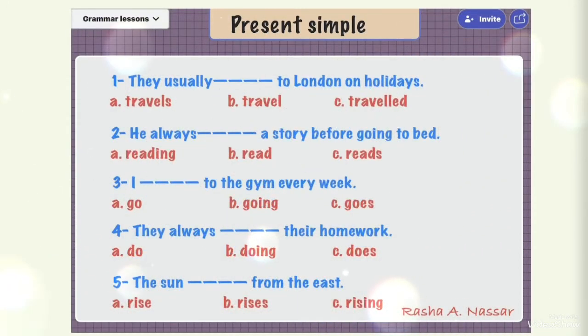And now, my dear students, let's test ourselves together. We will choose the correct verb. Let's read and see the key word and see the subject, and then choose the correct verb. Number 1, they usually what to London on holidays?